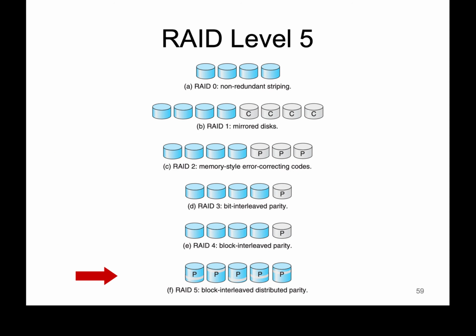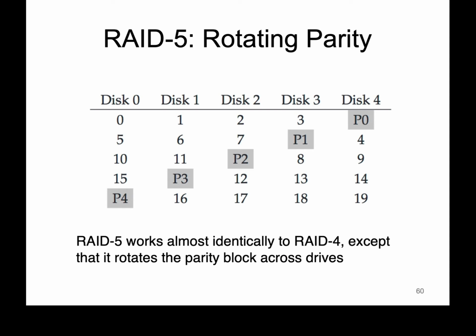All right, so the last configuration is RAID number 5. RAID number 5 is more or less the same as RAID number 4, but with one more trick. Instead, it rotates the parity data across all the configured hard disk drives.